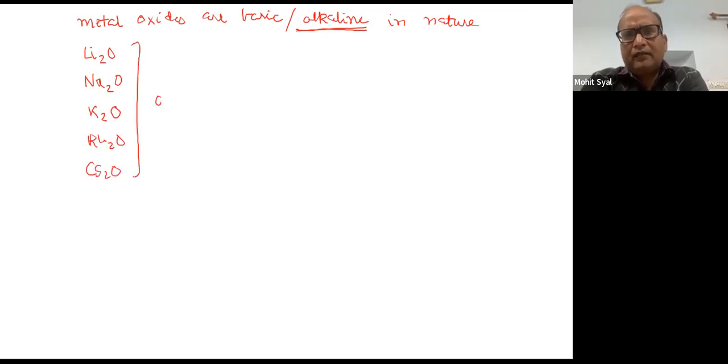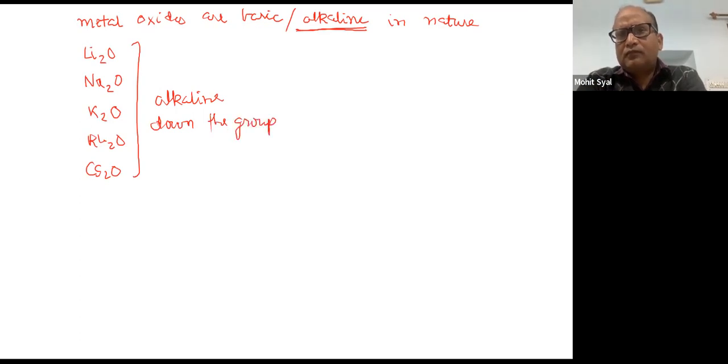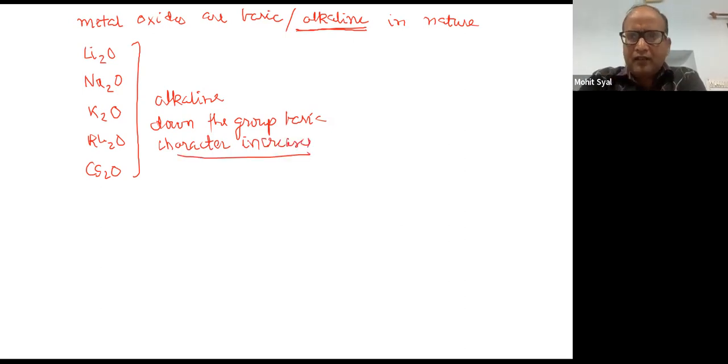They are all alkaline, and their alkaline nature increases down the group. The basic character increases, right?